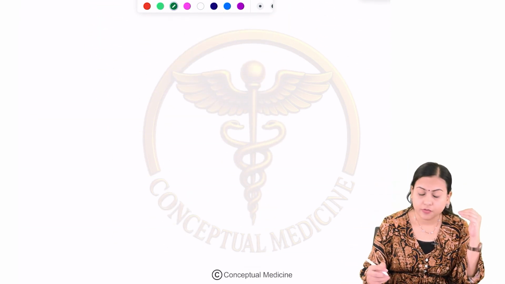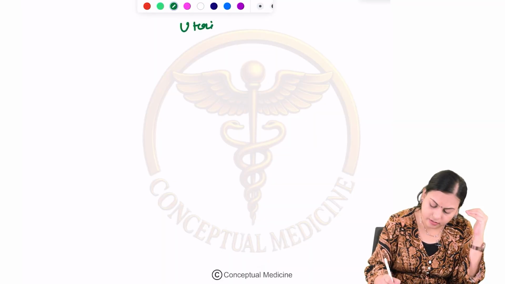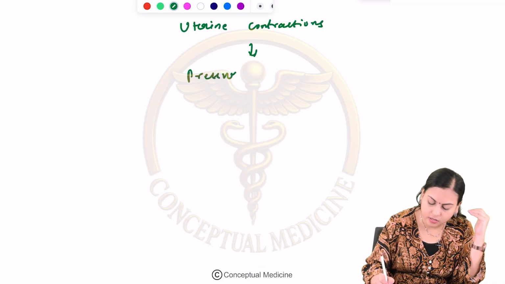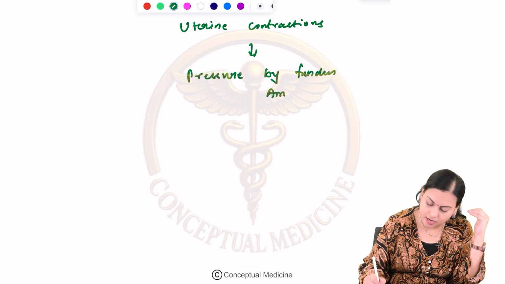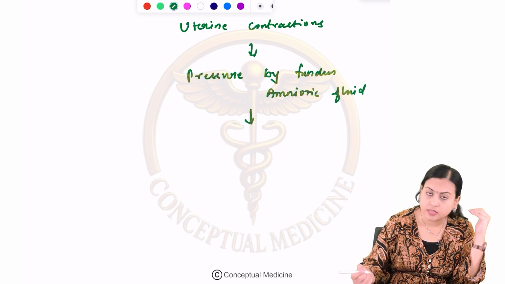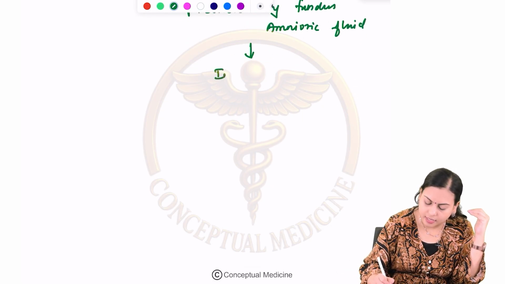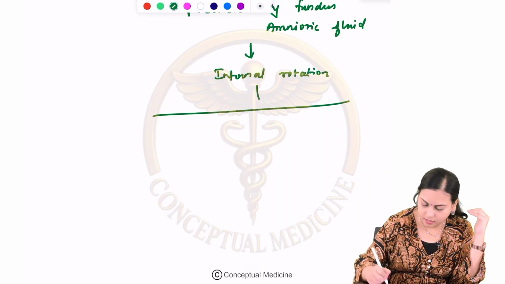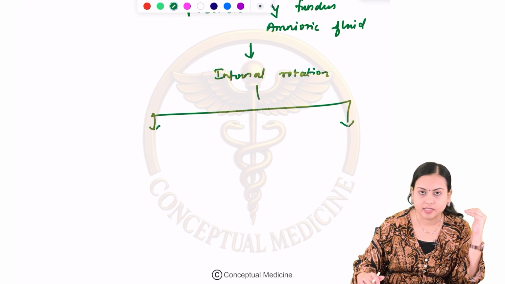Yes. What will happen is we will have uterine contractions first, right. As the uterine contractions start, there is pressure by fundus as well as amniotic fluid. This will be causing internal rotation, and there can be 2 chances as we have seen.